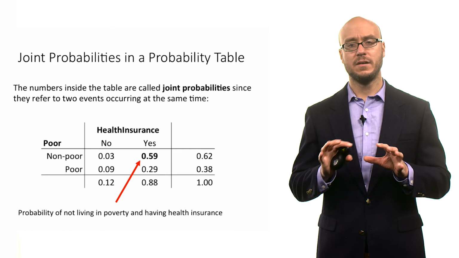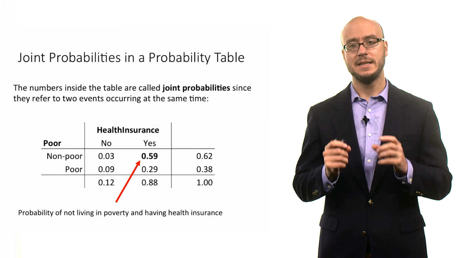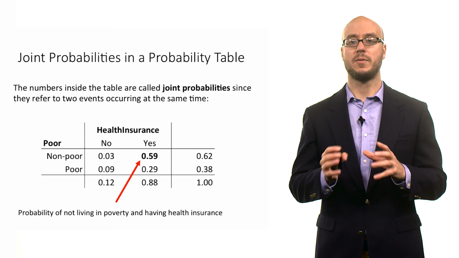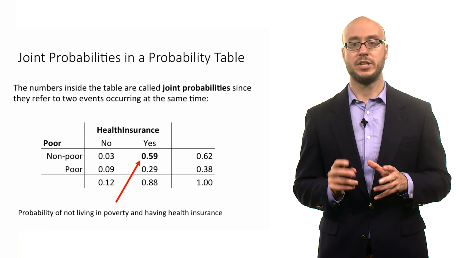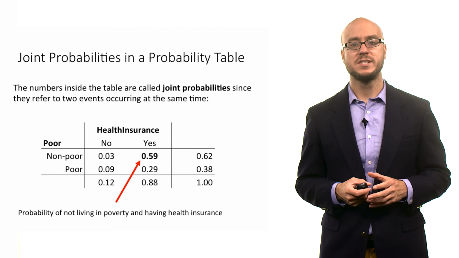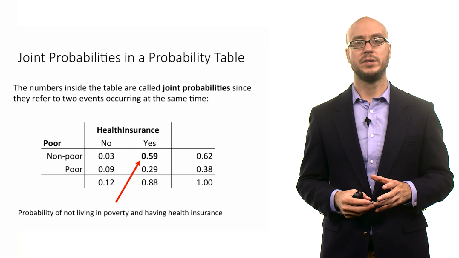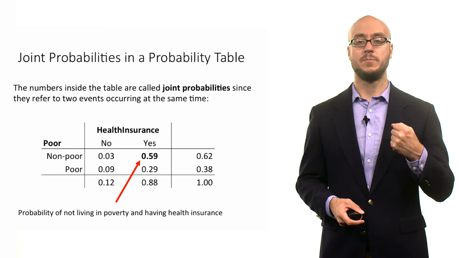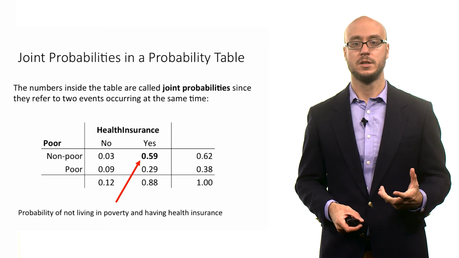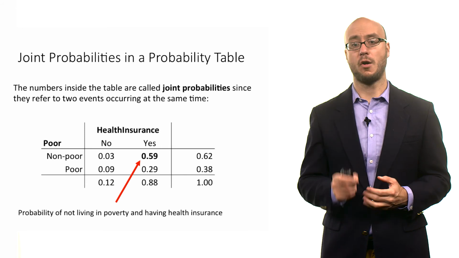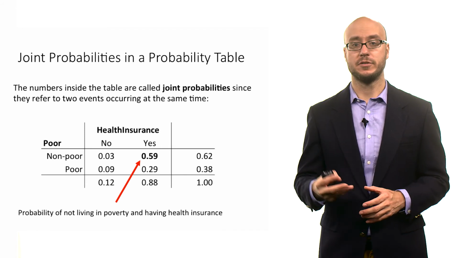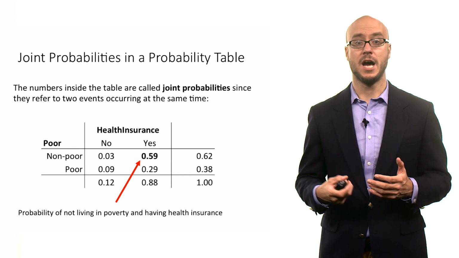And then we can think of these cells. These are giving the joint probabilities. These are giving the probabilities of any particular events. So for example, this cell gives us the probability of having health insurance and being not poor. That is a joint probability. It's equivalent to the probability of A and B, where A is having health insurance and B is being not poor.